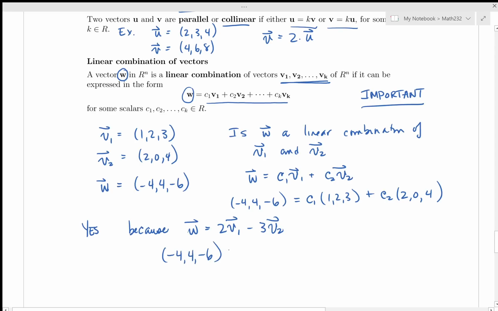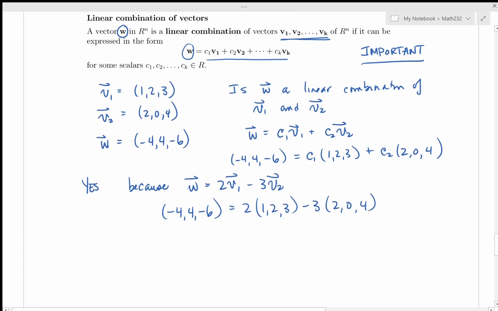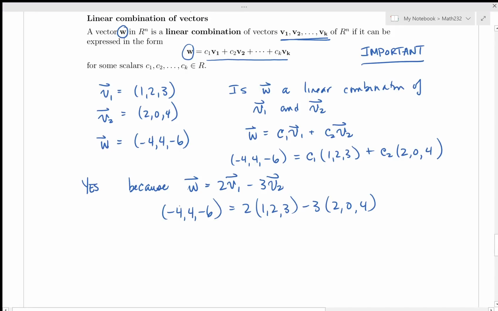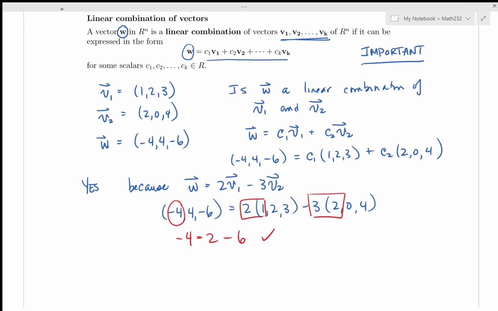That's w. Is that equal to 2 times (1, 2, 3) minus 3 times (2, 0, 4)? To check that, I would ask, is -4 equal to 2 minus 6? Yes. Okay, and then I would go on to the next one.